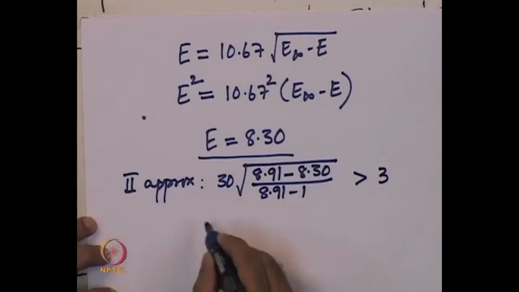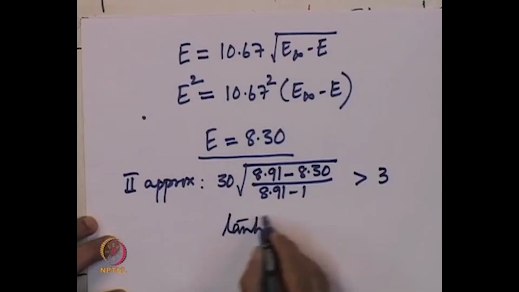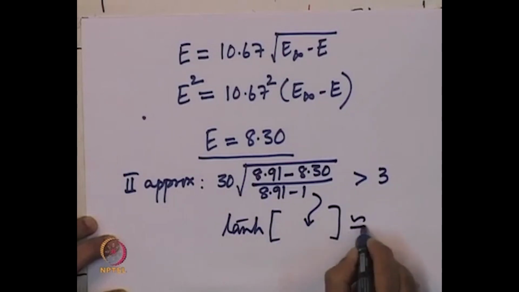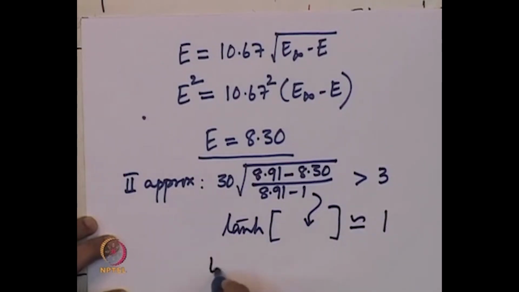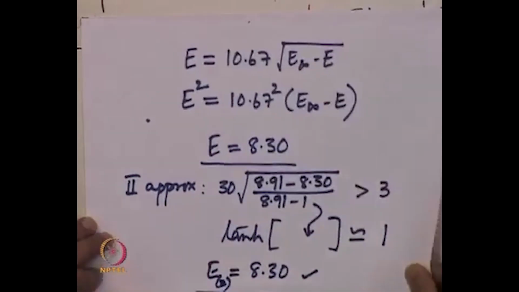Therefore, the tanh of this quantity here is approximately equal to 1. So, the second approximation also turns out to be 8.30. So, we have converged on a value of the enhancement factor as 8.30. We accept that value, and now we are ready to calculate the absorption rate.